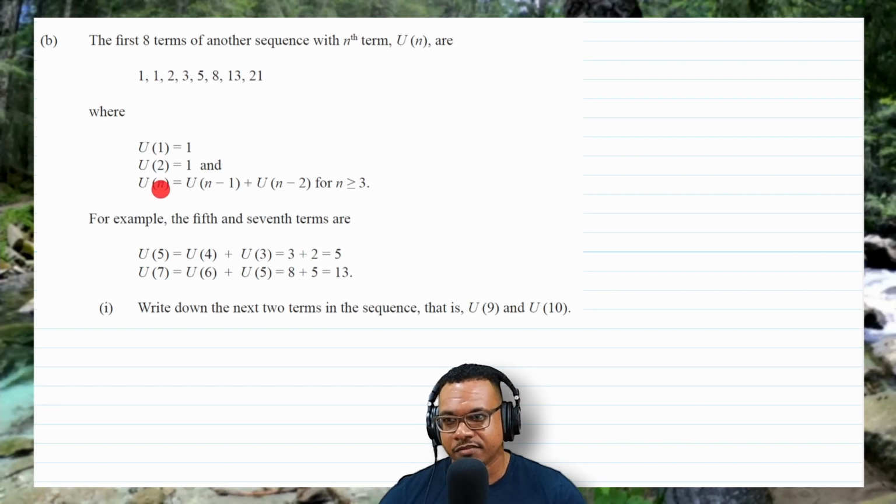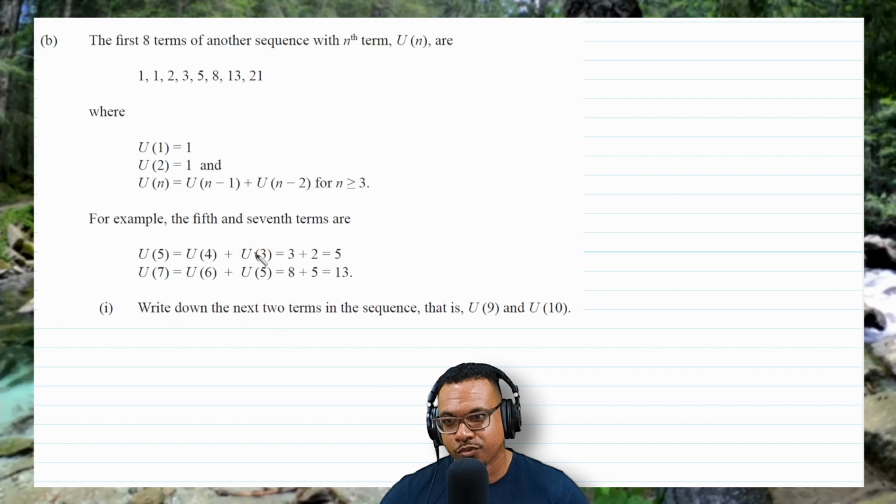And they're saying this is the formula for the nth term, for n greater than or equal to 3. So what they did now is give us an example of how to use this un. They say the 5th and 7th terms are, so u5. That was when n is 5, you replace the n here with 5. 5 take away 1 is 4, that way I have u4. And n take away 2, so that'll be 5 take away 2, which is 3, that's why I have u3.